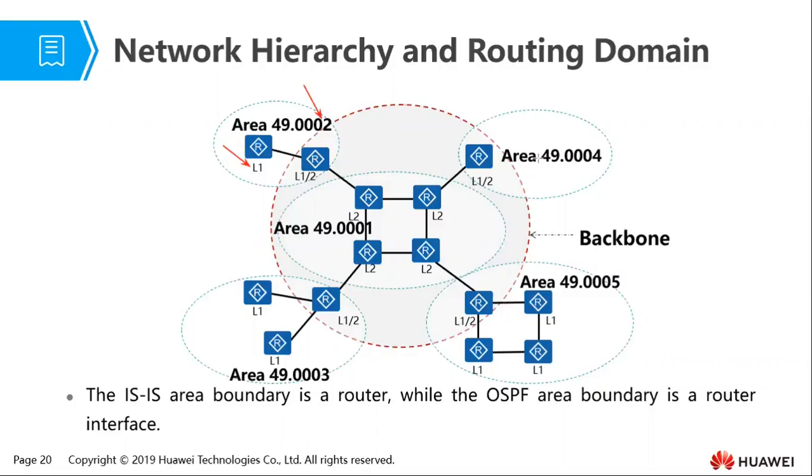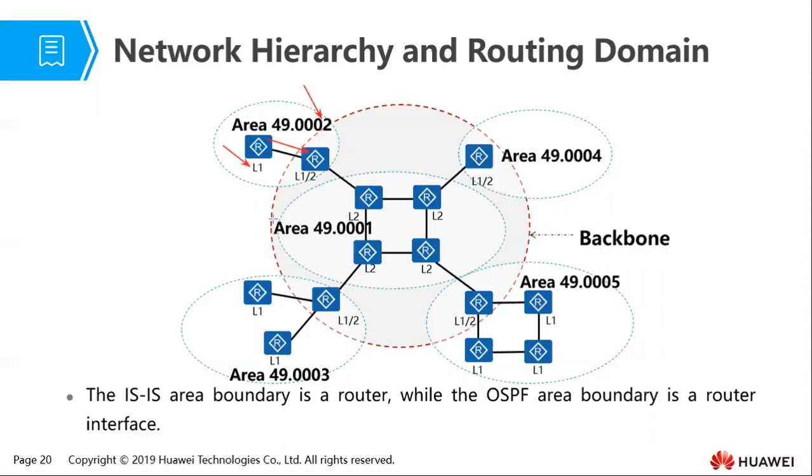But in order to communicate with other areas, it will normally contain a default route whose next hop is the level 1-2 router.